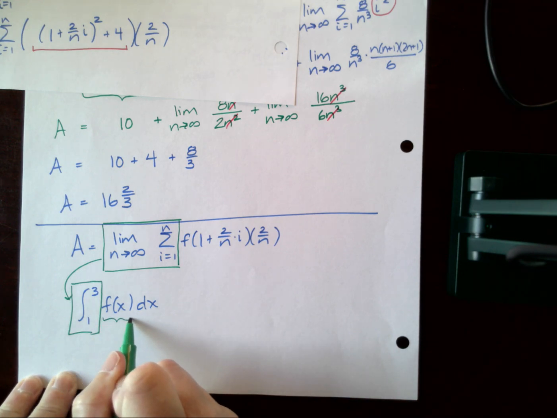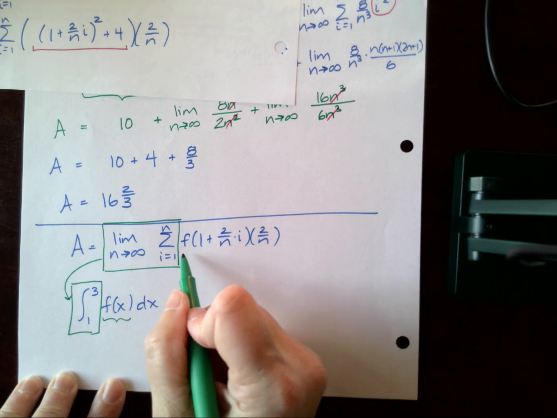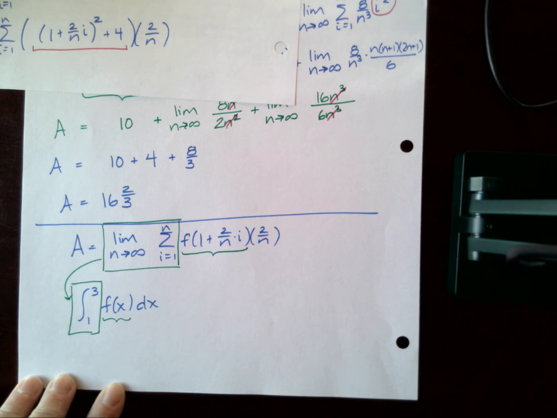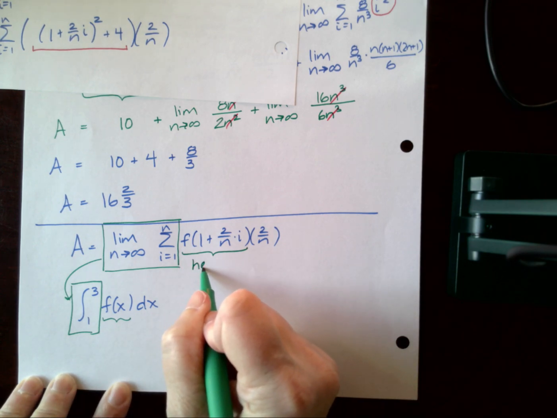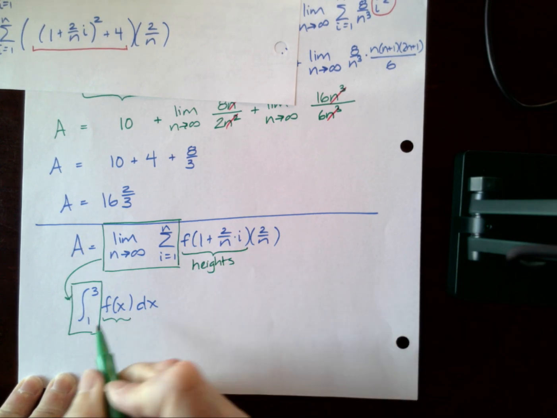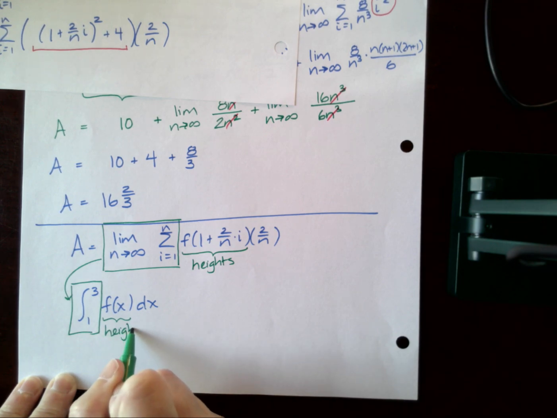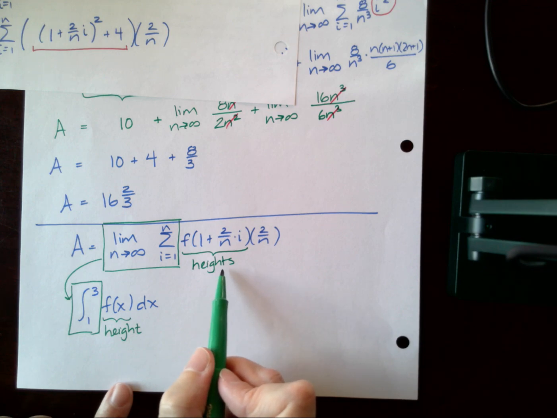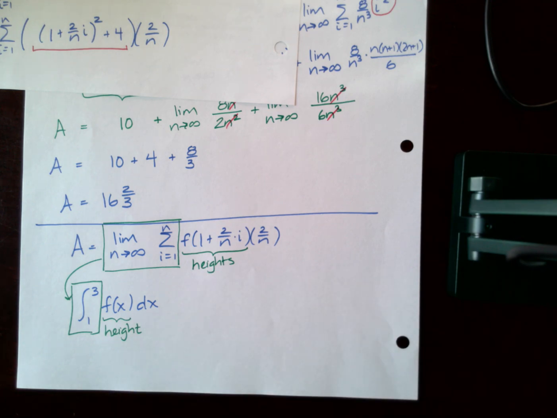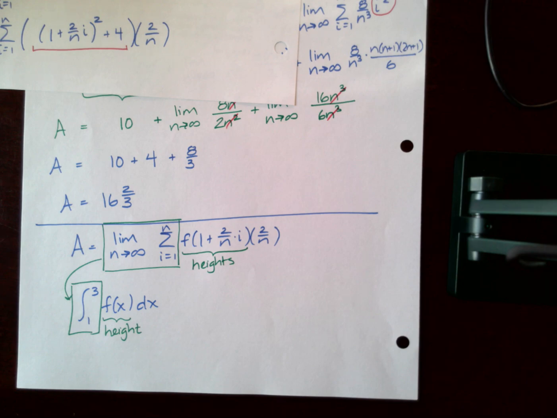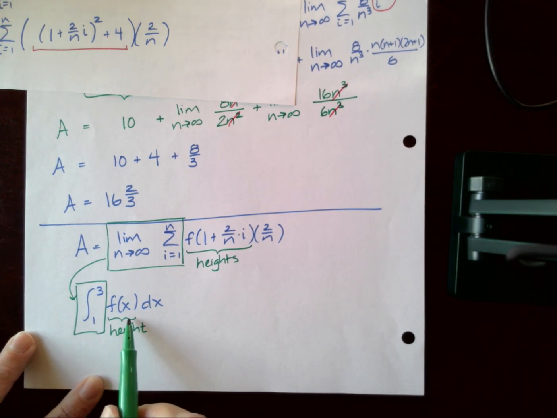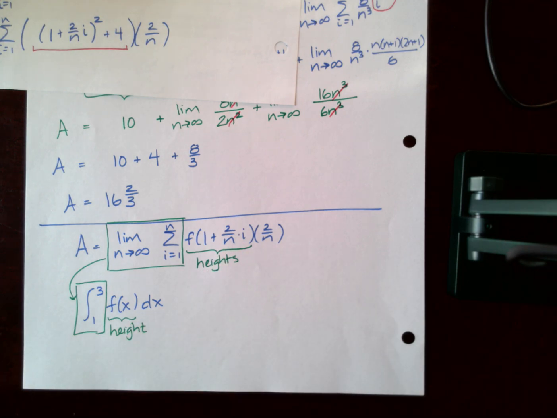This chunk right here, this f of x, is really corresponding to that chunk that has f in it also. But these are our heights. So we had individual rectangles we were considering up here, and so we took all of those heights. We had to find them and work with them. When we have the integral format of things, the height is just the function. We don't have to do any extra business with little nudges by certain amounts.